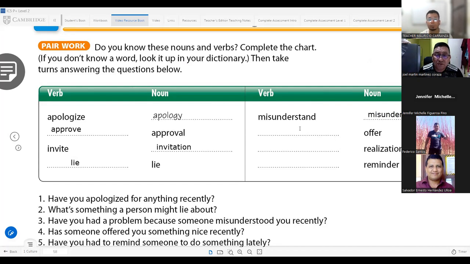Then we have offer. What is the verb? Offer, the same. Realization. Realize. Yes. And reminder. Remind. Yes. Very good. Okay, now repeat after me.